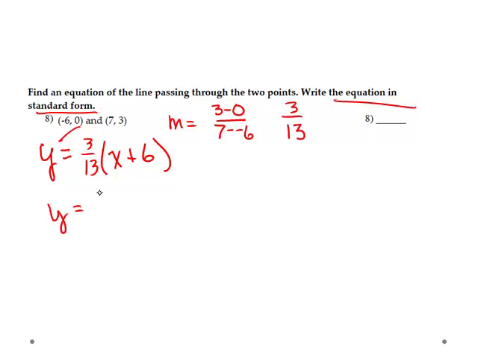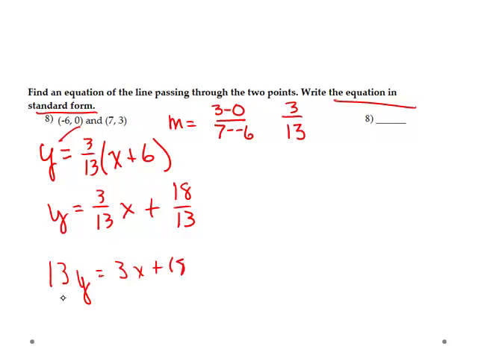So y equals 3/13 x plus 18/13. Multiply everything by 13: 13y equals 3x plus 18. Subtract 3x from both sides. We get negative 3x plus 13y equals 18.